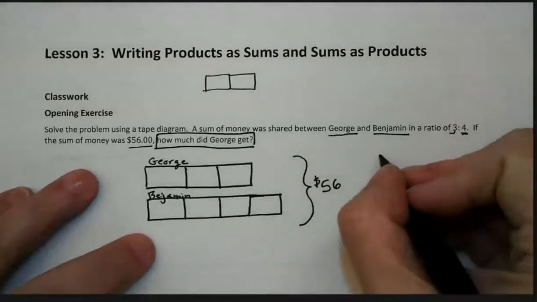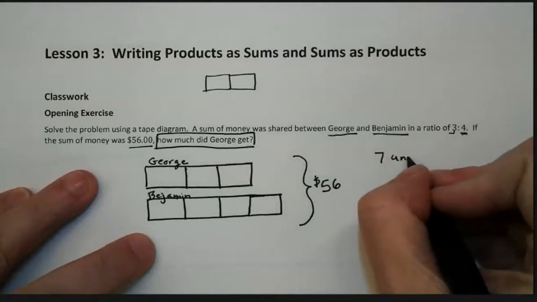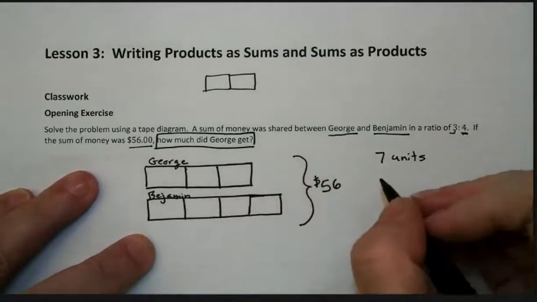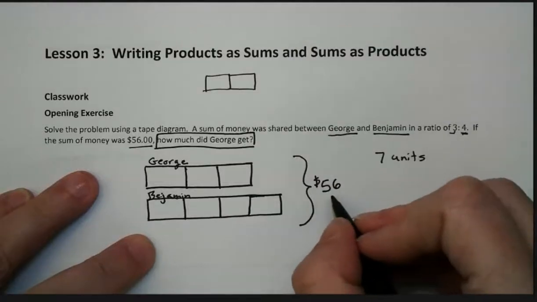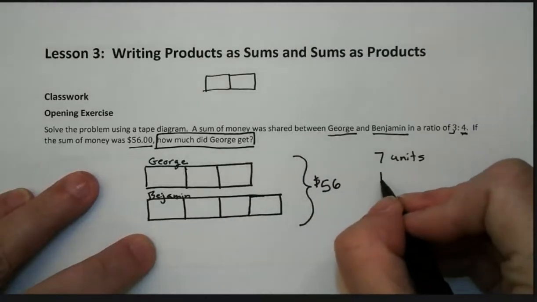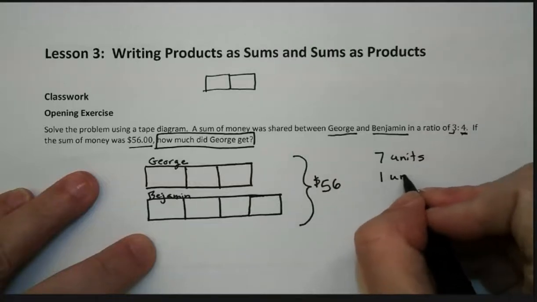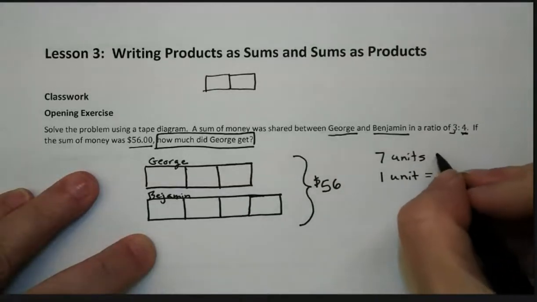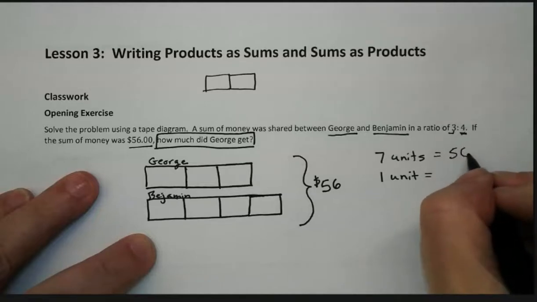We need to find out how much each of these boxes is worth. So if we have 7 units total, each box is 1 unit, and we know that there are $56 total, we need to figure out what 1 unit is. So 7 units is the whole $56.